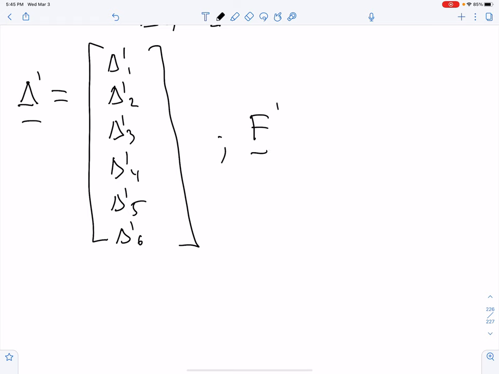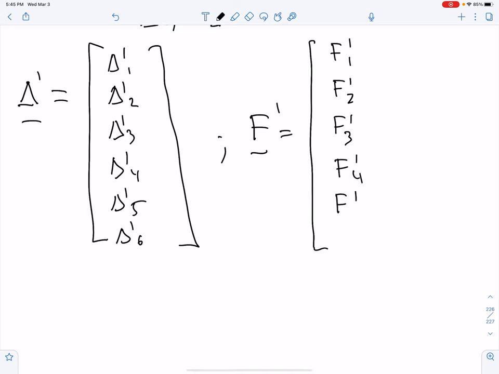And likewise, the element force vector takes the form F prime 1 through F prime 6. Basically, we took the old vector of displacements and forces and added 2 rotations and 2 moments. Conceptually, that's it.